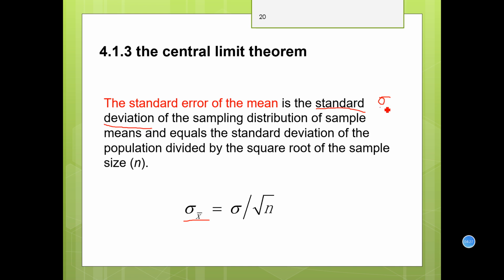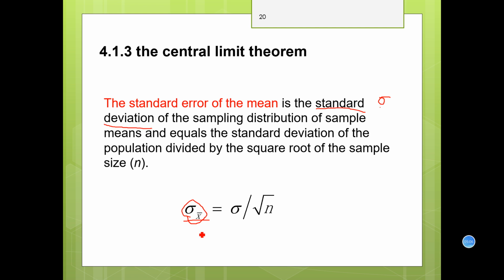Sigma, or standard deviation, means the standard deviation of the original data, for example x. But sigma x bar we call the standard error. Actually, this is the standard deviation of x bar, so we give it another name, standard error.